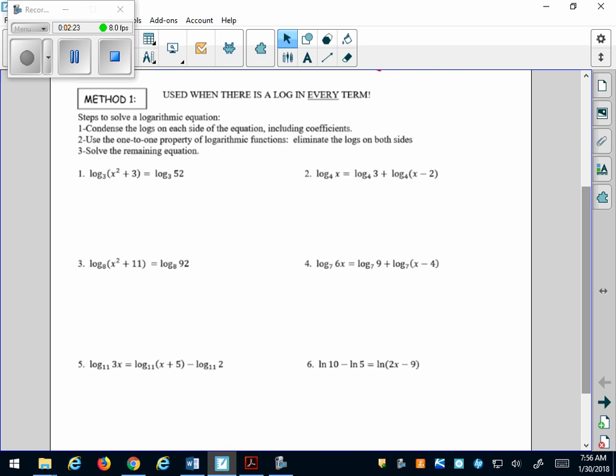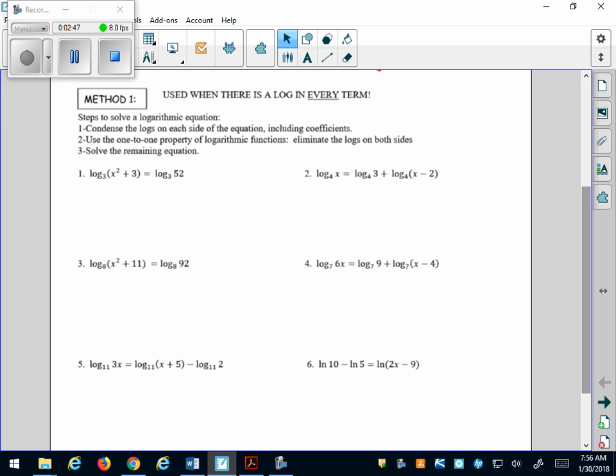Okay, there are a bunch of methods here. In each method, what we're doing is solving for x. We're trying to get x by itself. The situation might be different for each problem, and that's why there are these different methods.